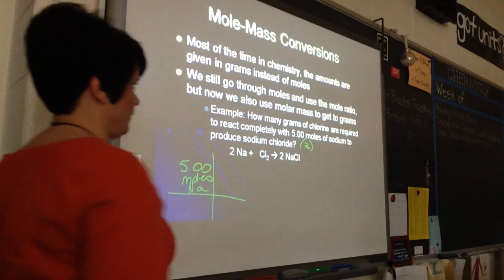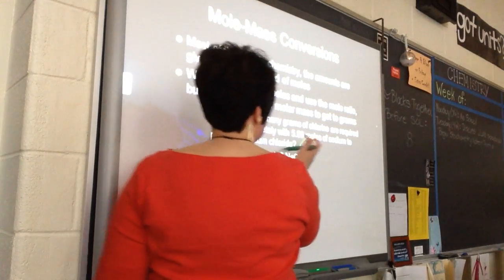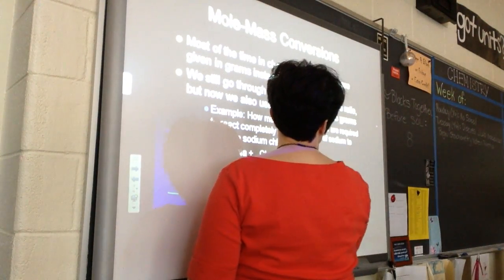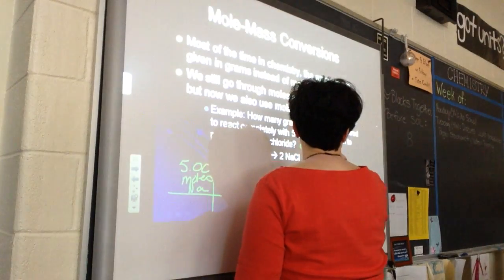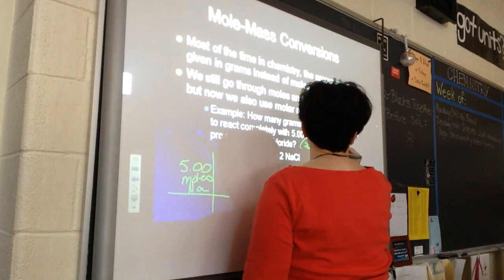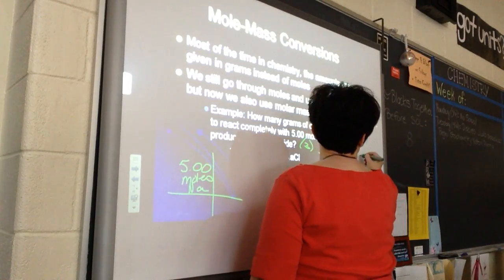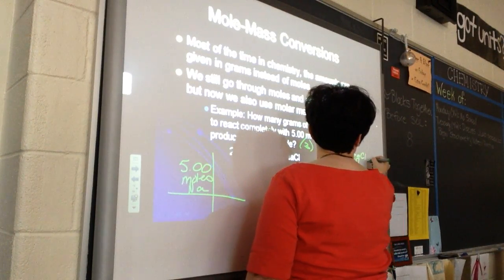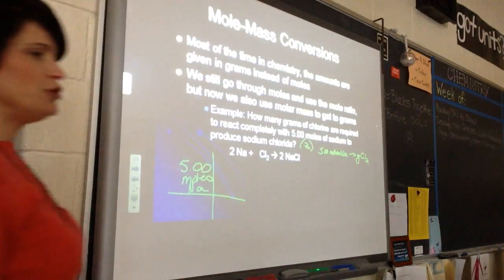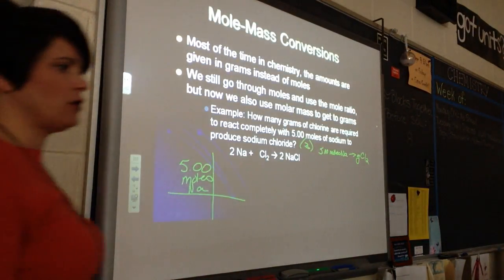Doesn't really matter. It's going to be written down eventually. We start with 5 moles of sodium, and we are trying to convert that into grams of Cl2. Do you appreciate that? Grams of Cl2.